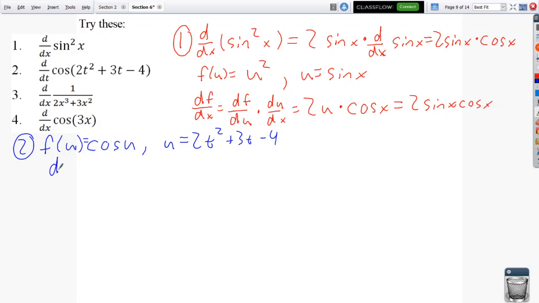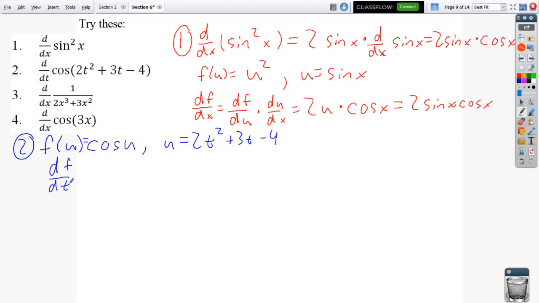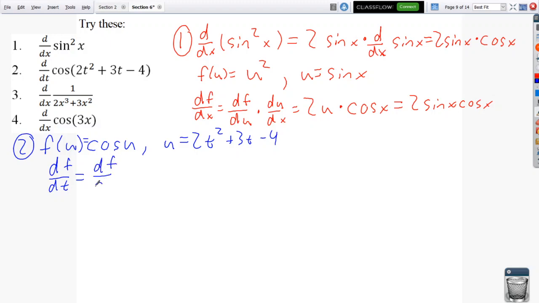So now the ultimate question is, what is df/dx? No, not df/dx. I looked at that and realized that the independent variable is not x, it was t. That would make no sense if I called it df/dx. It's df/dt. So df/dt is going to be df/du, the derivative of f with respect to u, times du/dt.